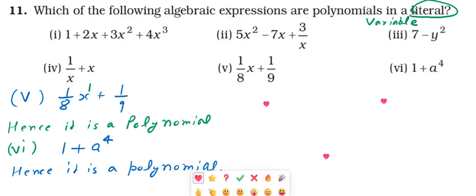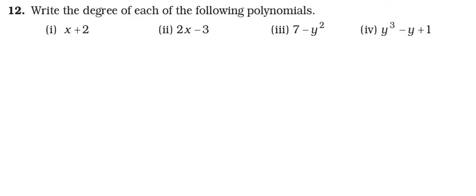Beta, this is the last question of the exercise. In the first part, x plus 2. Beta, it is a polynomial because the power of x is 1. It is a whole number.